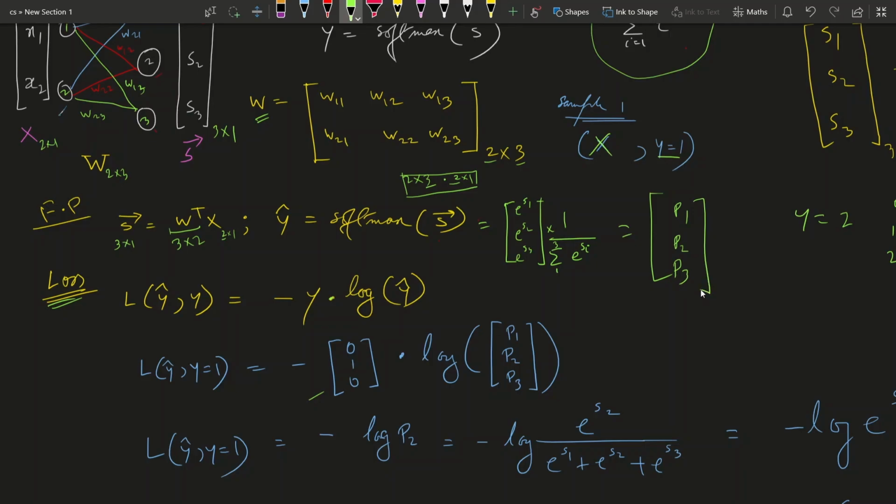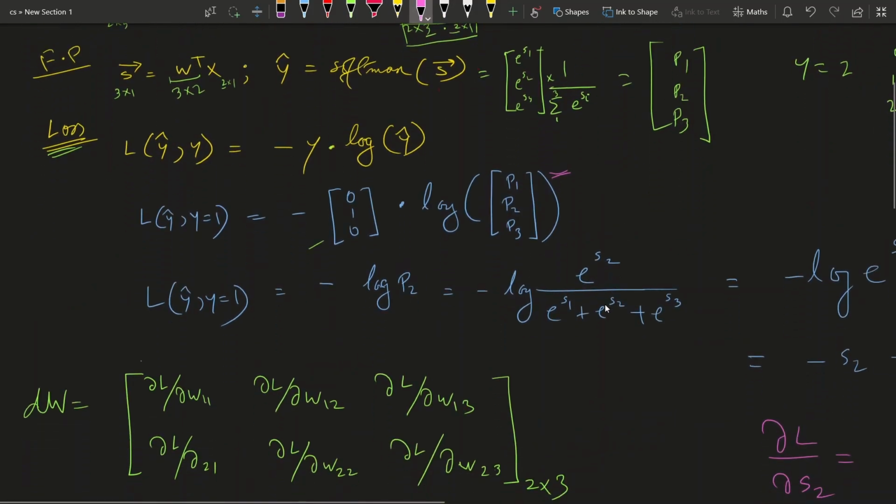Now, since this is a dot product, after multiplying we will only get minus log of P2. Now P2 is essentially a softmax function, so P2 is basically this element over here divided by this entire thing. So it looks something like this.